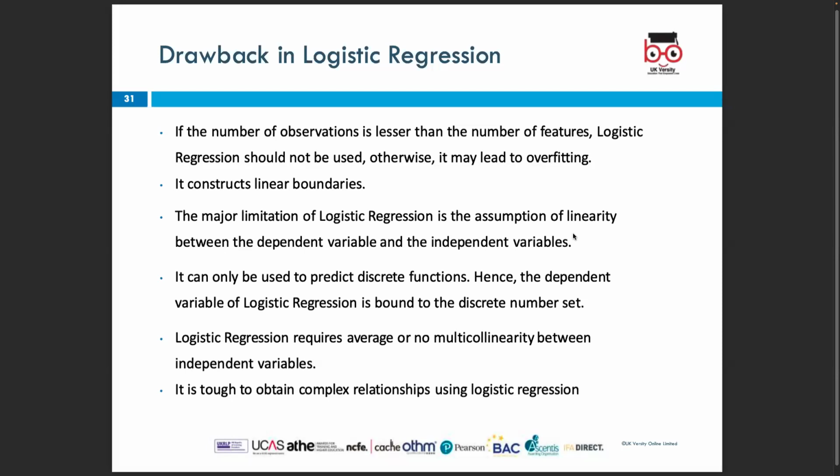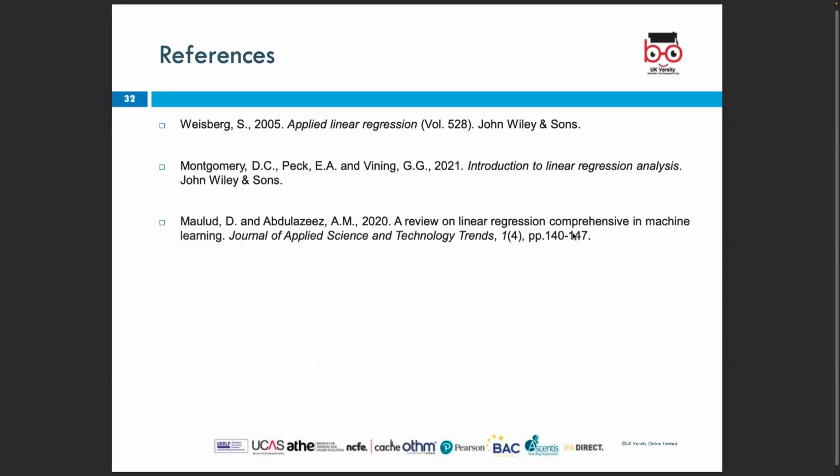It can only be used to predict discrete functions. Hence, the dependent variable of logistic regression is bound to the discrete number set. Logistic regression requires little or no multicollinearity between independent variables. It is tough to obtain complex relationships using logistic regression.